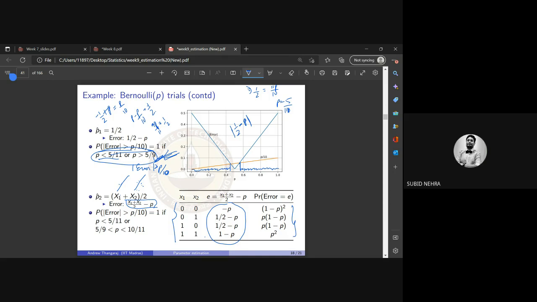So the event is outside the interval, and that's what we are calculating. Except for this 0.5 neighborhood, your error comes out to be greater than p by 10 for these two regions.